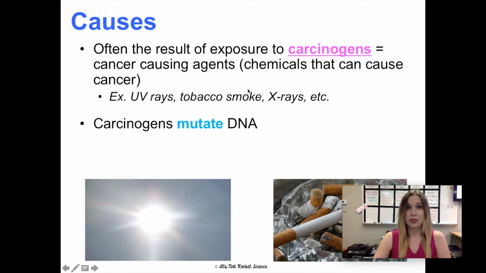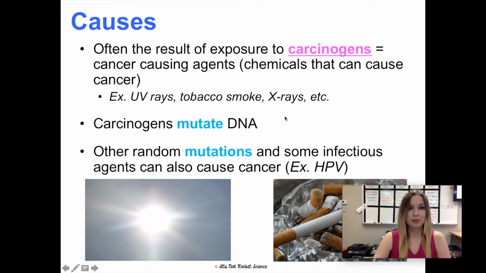UV rays, smoking tobacco, getting x-rays done too frequently, all of these things are carcinogens. Carcinogens do this by mutating our DNA, by mutating our instructions, changing them without regard for whether or not it's going to completely mess us up.